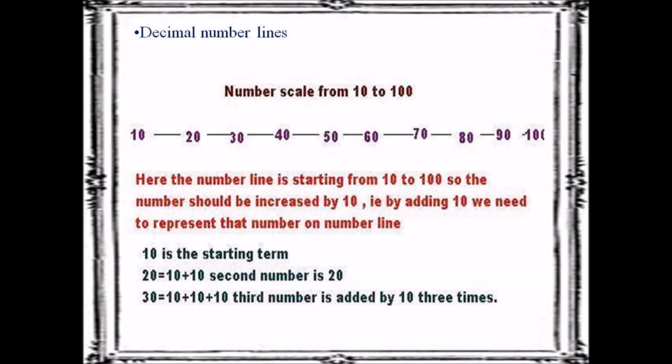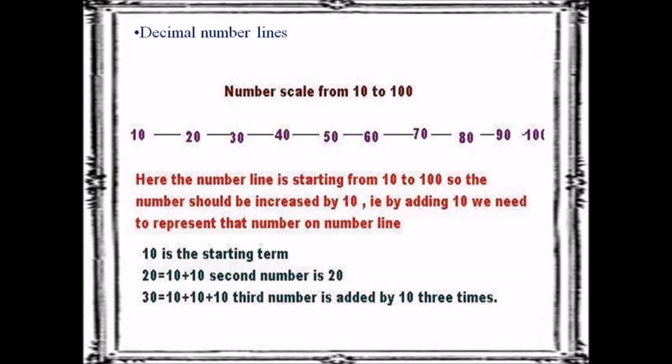Decimal number line. Number scale from 10 to 100. Here the number line is starting from 10 to 100. So the number should be increased by 10. That is, by adding 10 we need to represent the number on the number line. 10 is the starting term. 20 will be 10 plus 10, the second number. 30 will be 10 plus 10 plus 10, the third number, added by 10 three times.